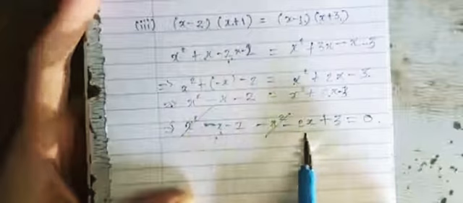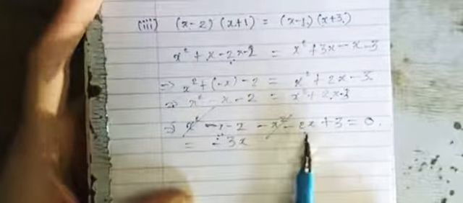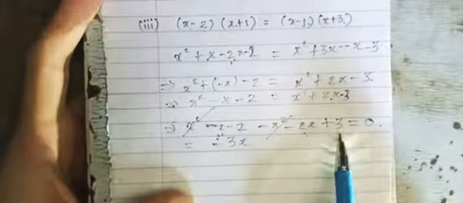Minus x, the minus sign is there, so minus x minus 2x will become minus 3x. Minus 1 minus 2 is what? Minus 3. So minus 3x, and minus 2 plus 3 will become 1. It is equal to 0. So minus 3x is equal to minus 1 when 1 goes to the right-hand side.